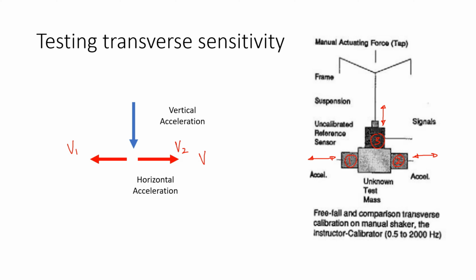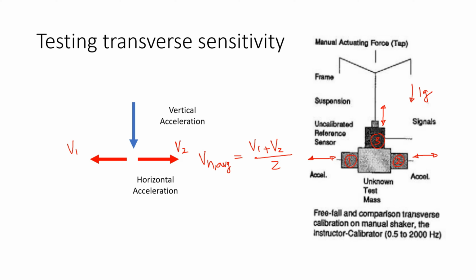So we say V horizontal average is the average of V1 plus V2. By doing so, we are canceling out the longitudinal accelerations, any experimental accelerations that result in the horizontal direction. But we're left with the transverse accelerations that these two are measuring, resulting from the free fall. And this is our free fall.